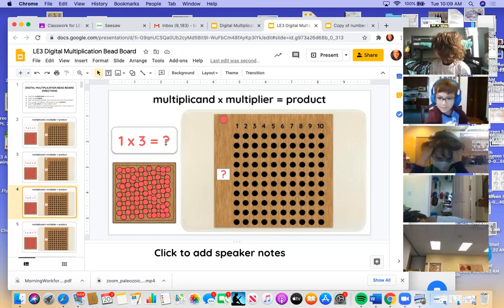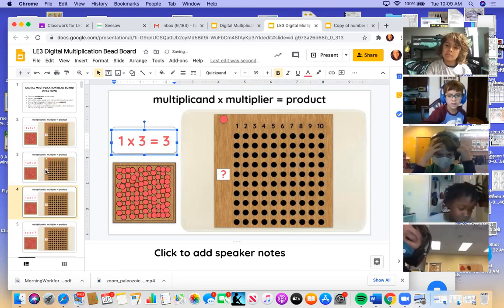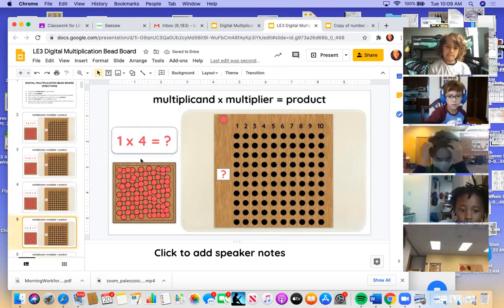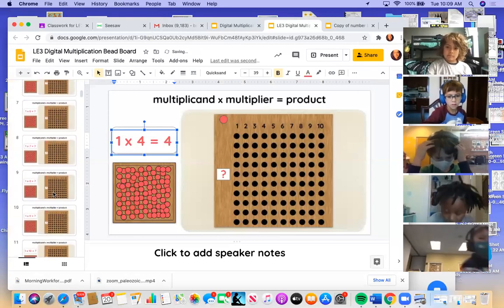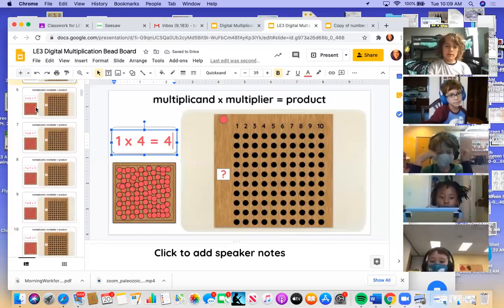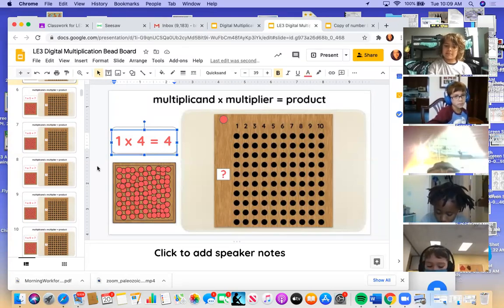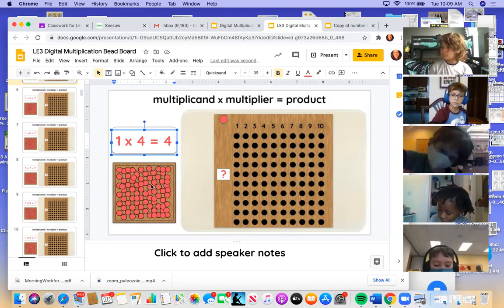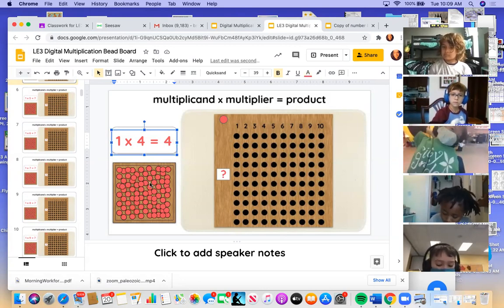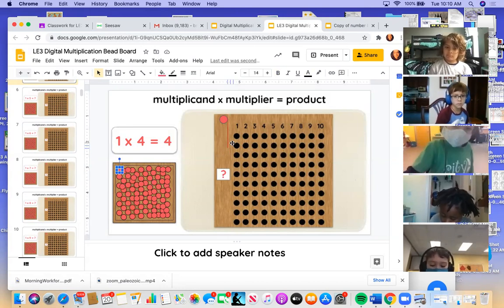So 1 times 3 would be what? 3. 1 times 4 would be 4. 1 times anything is the same thing. Any number times 1 will be that number. So 1,000 times 1 would be 1,000, because you have one group of 1,000. One group of 4.